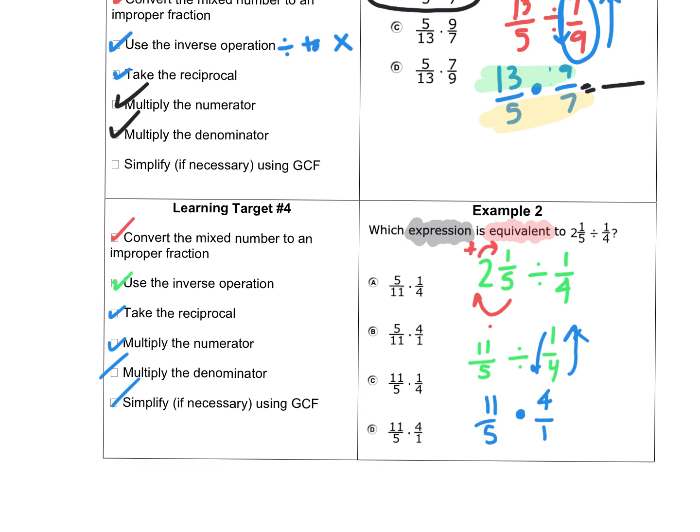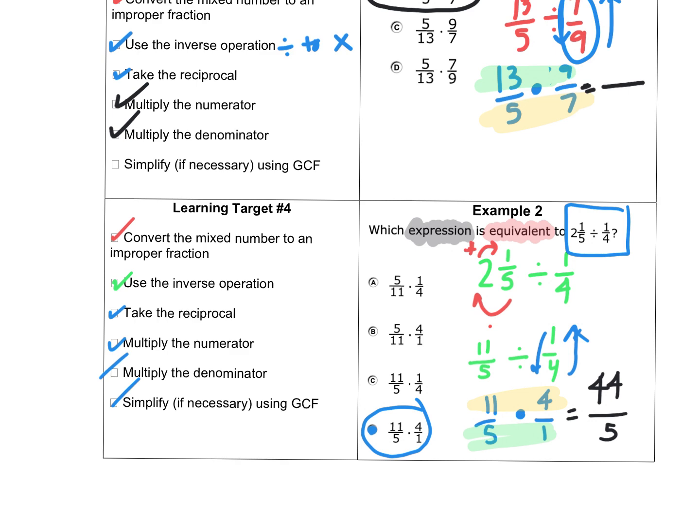So first, let's look for this answer. That would be D, which is equivalent or the same as this original problem, right here. Okay, well, let's go ahead and actually multiply it out. We have 11 times 4, and we have 5 times 1. Okay, so 11 times 4 is 44. 5 times 1 is 5.